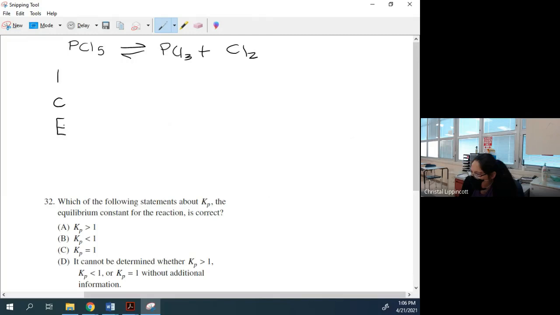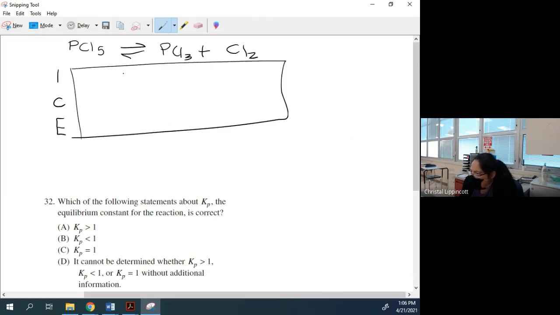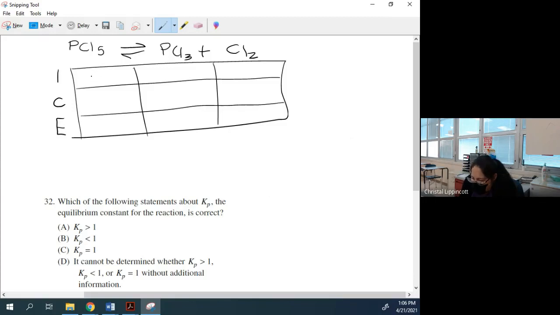Well, ice table. Remember our ice tables? Did you set up an ice table for this one?